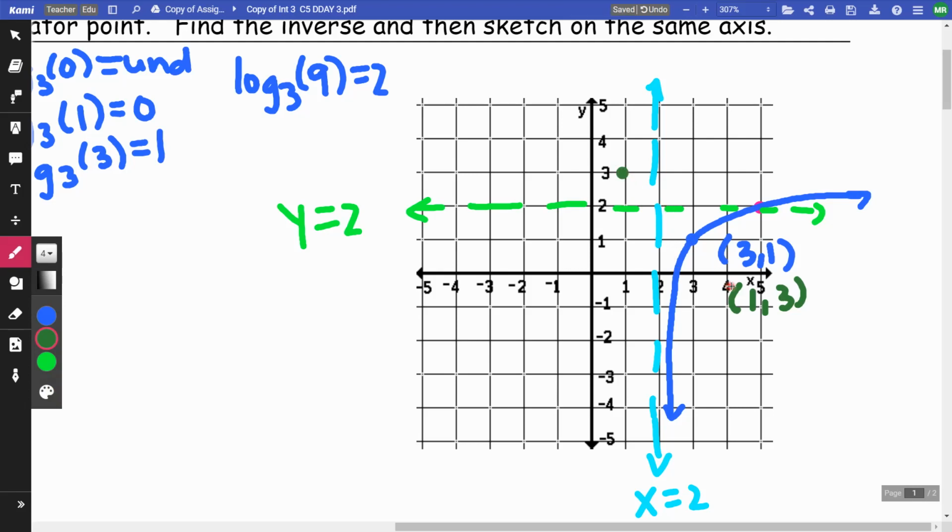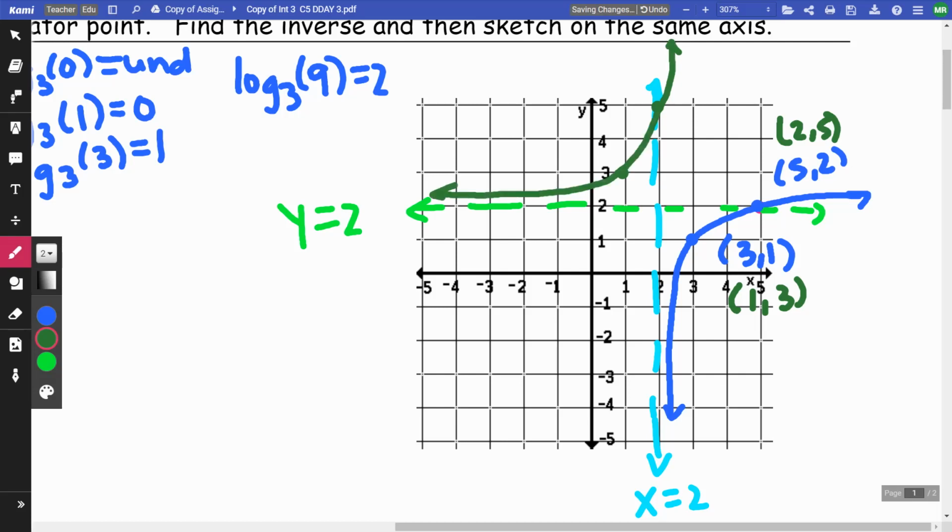And this point over here, which is 5, 2, is now going to be 2, 5. So I'm going to put a point at 2, 5. And this is an exponential graph. So this is going to be an increasing exponential graph like this.